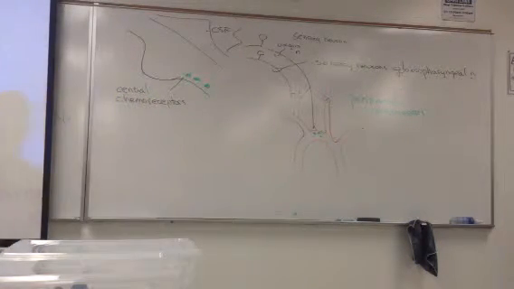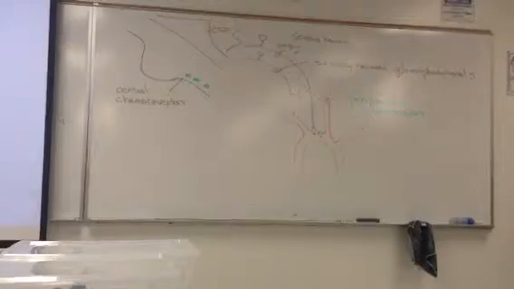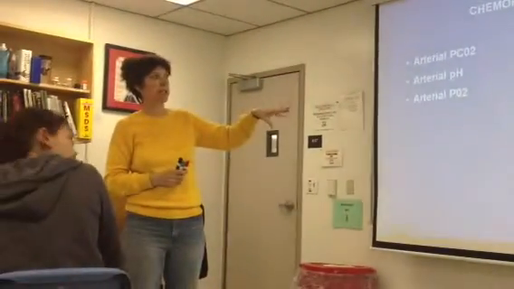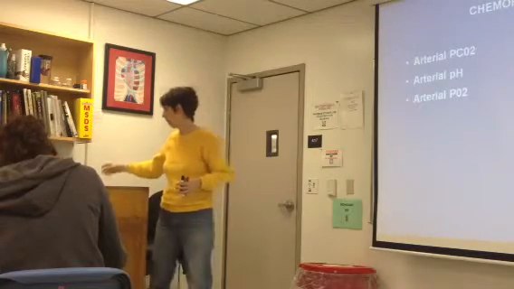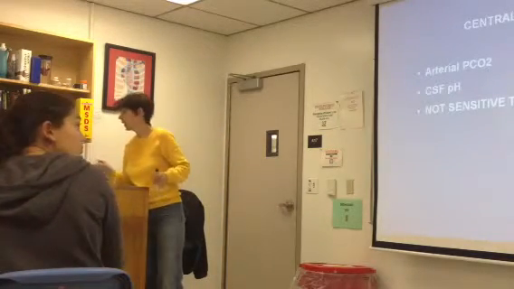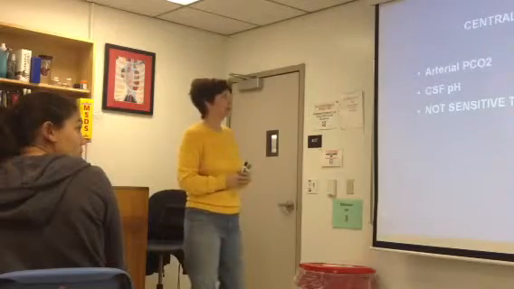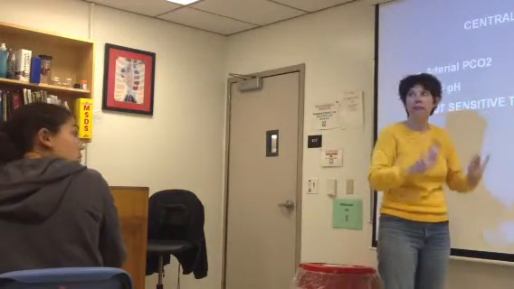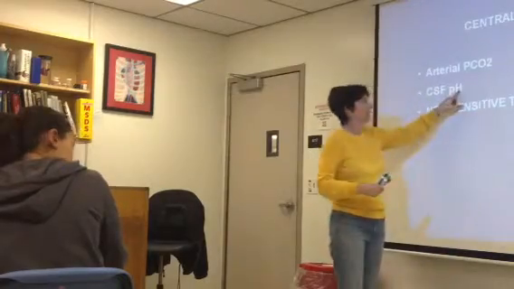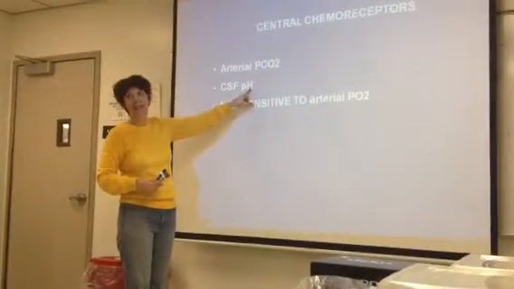Now we have differences in the sensitivity and what is being detected by the central chemoreceptors and by the peripheral chemoreceptors. So central chemoreceptors are sensitive to arterial PCO2 via CSF pH.